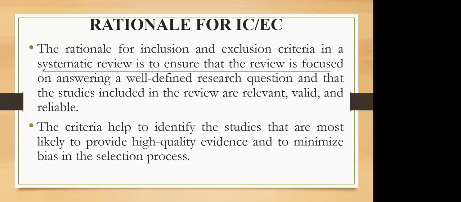I'm also going to demonstrate examples where I have formulated a research question and used the appropriate inclusion and exclusion terms to differentiate the studies. So the major reason, or the rationale behind formulating an inclusion and exclusion criteria for every systematic review, is that we show that these particular studies are actually relevant and reliable to the particular research question of focus that we are looking at.